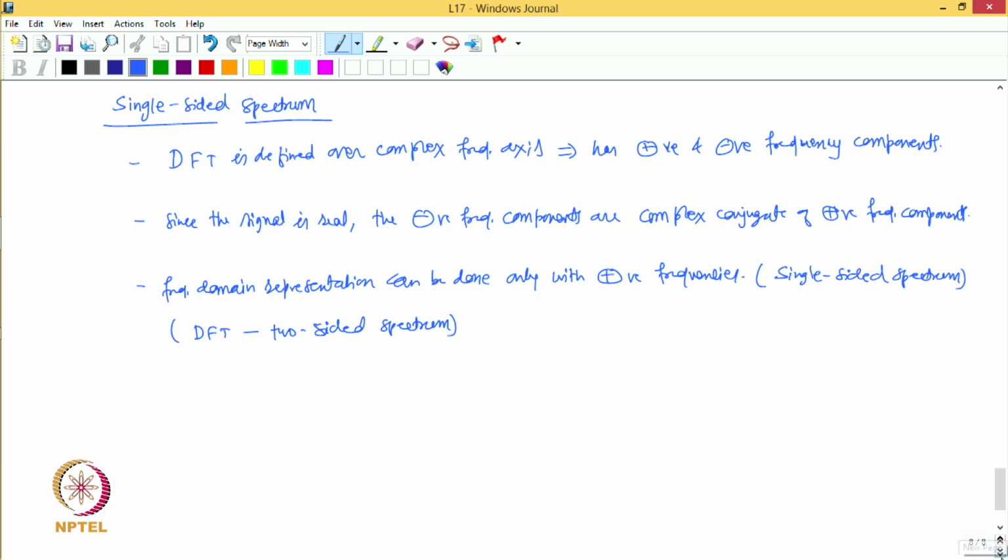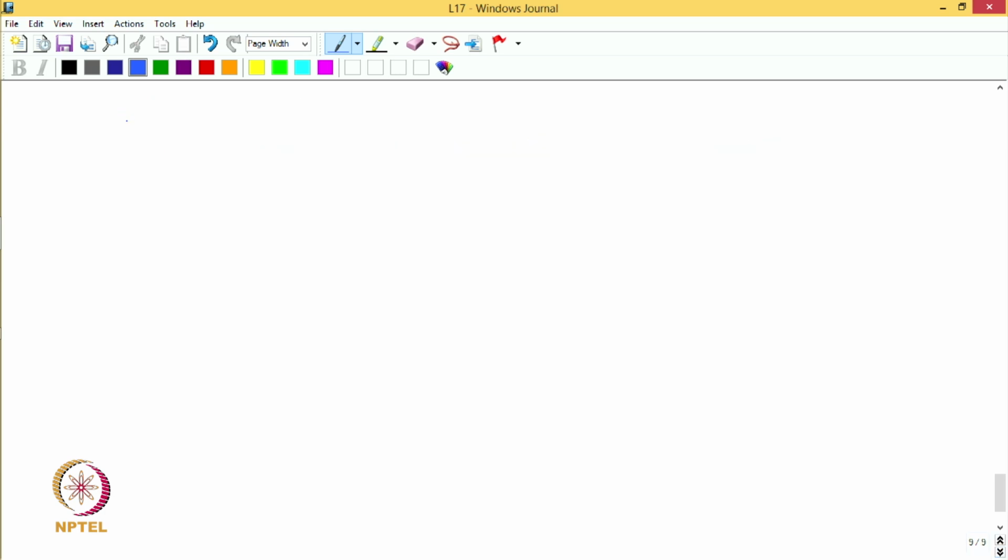Let us go to the next page. Let us say the single sided spectrum is represented by y bar k.